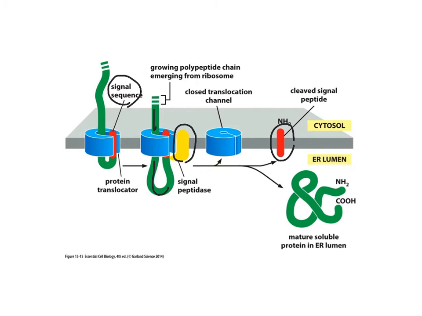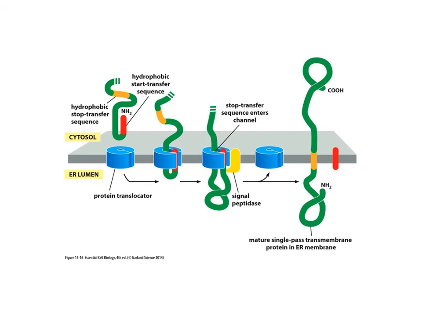Once synthesis is complete, the translocated protein is released into the lumen of the ER, and the translocator closes, and the ribosome is released. Again, there may be chaperones inside this lumen to help the protein fold into its mature conformation.